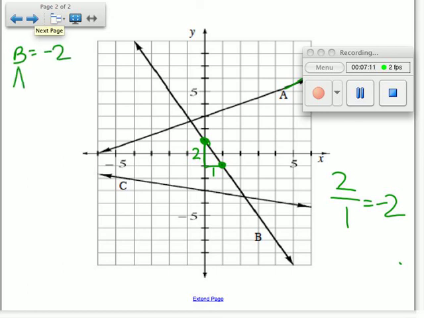We said A had a slope of 1/2, and now we have to look at line C. Line C, from left to right, is also going down, so it's going to have a negative slope as well. Again, I like this point here where it crosses the y-axis, our y-intercept. And this one is not as steep, and the points are further apart.